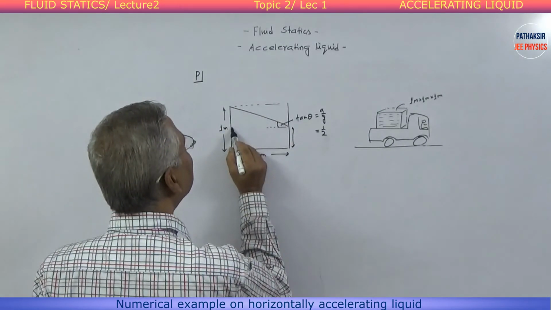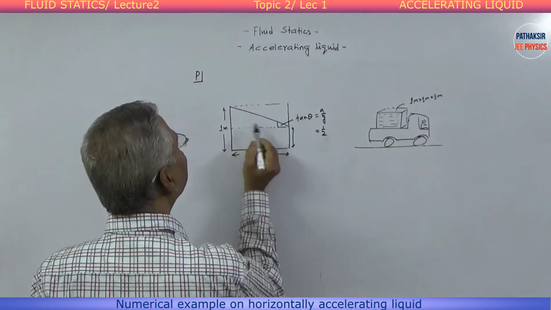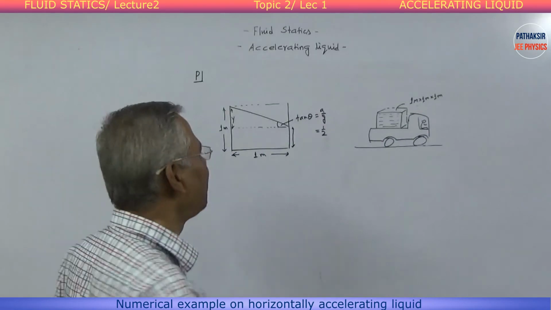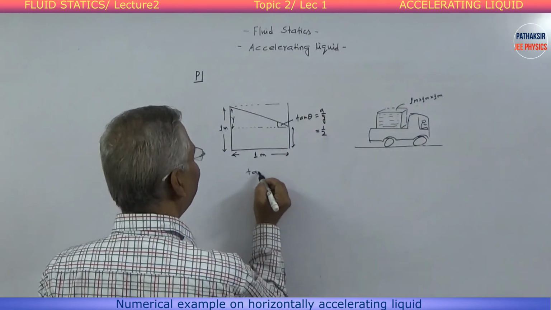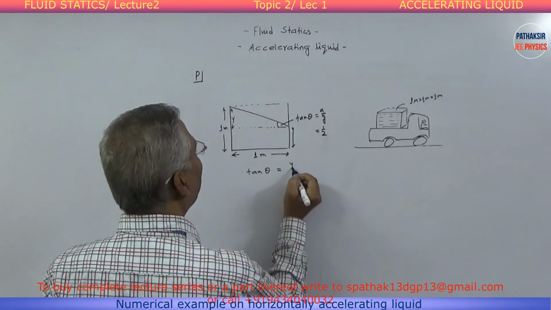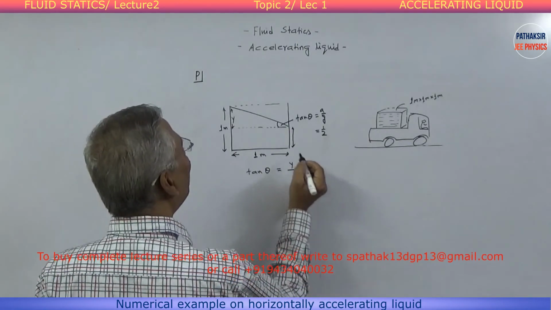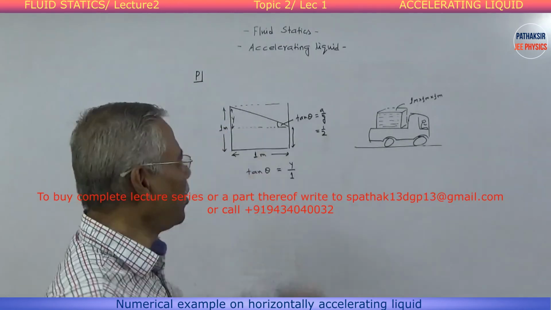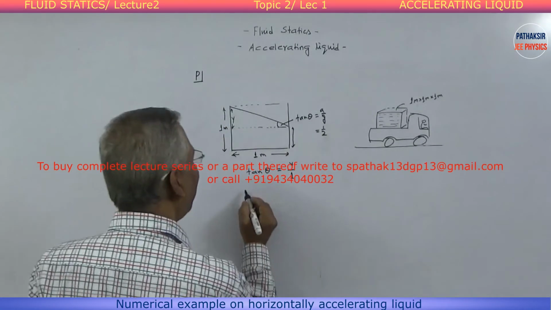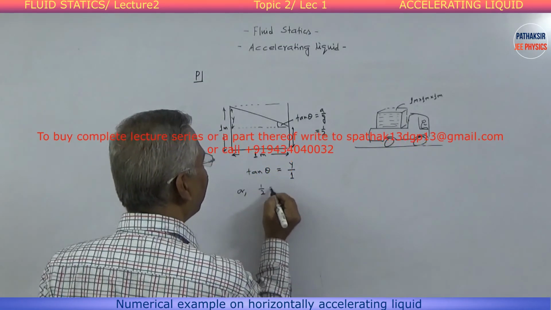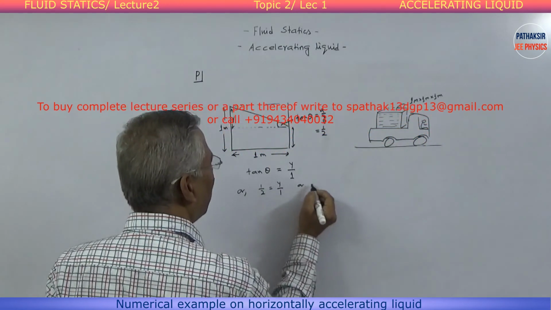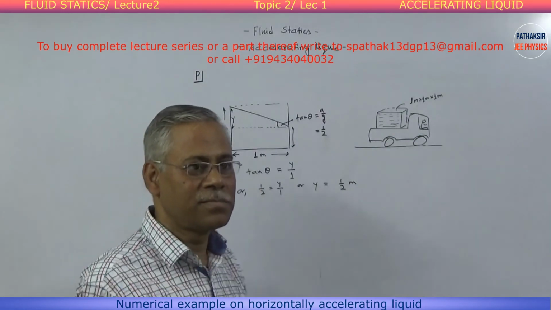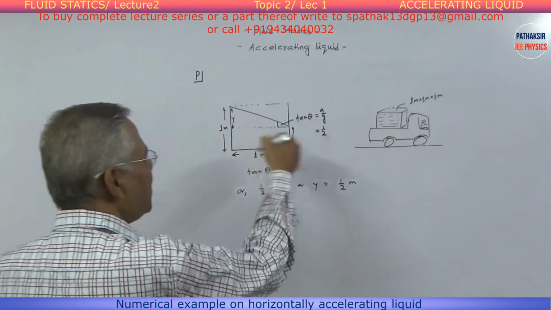Suppose this is y. So tan theta equals y by 1, perpendicular by base. Tan theta equals half, or y equals half meter. Now this is a trapezium, so we can find it.